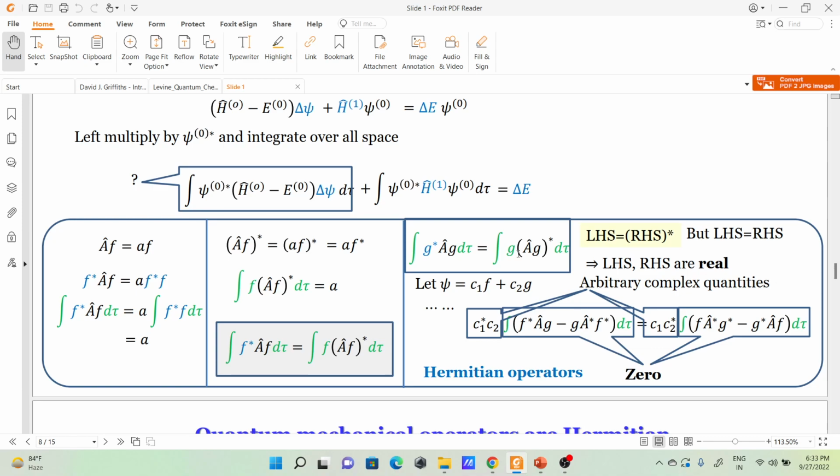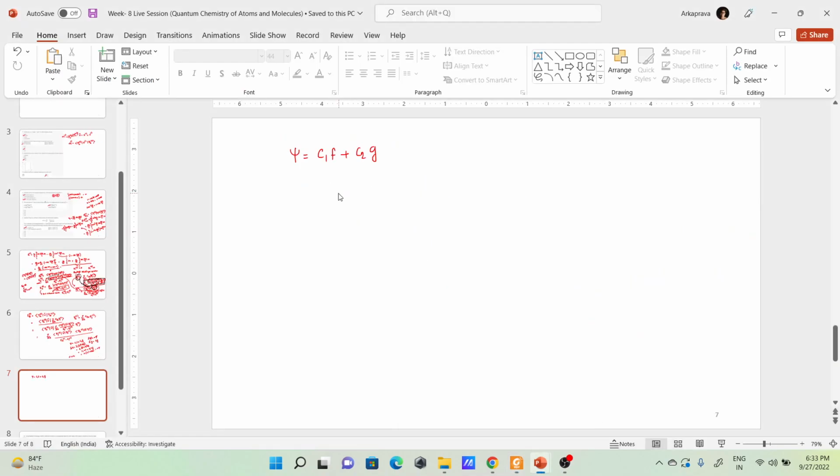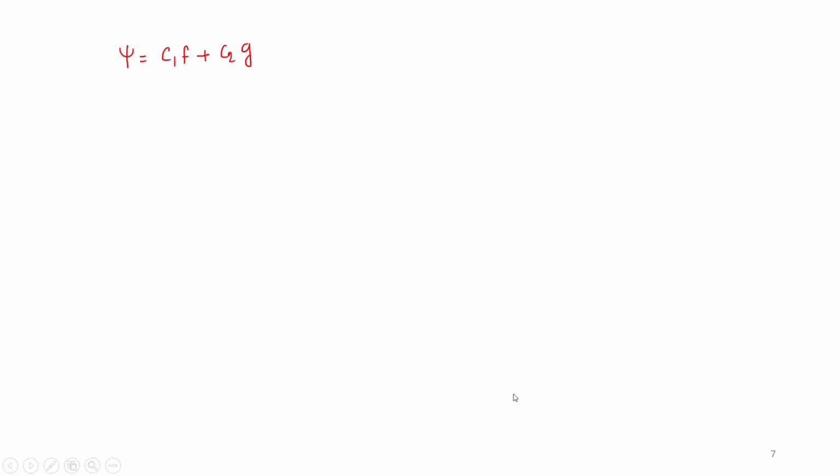Okay. So psi star A psi will look like this: C1A plus C2G, where A is the operator.